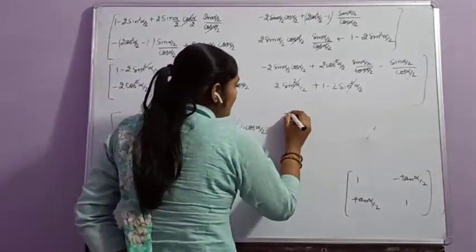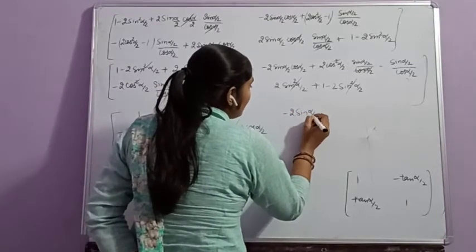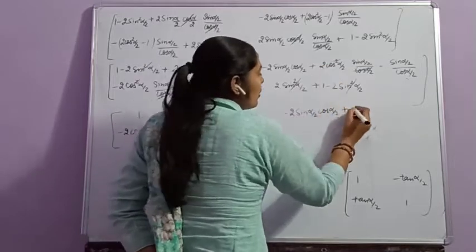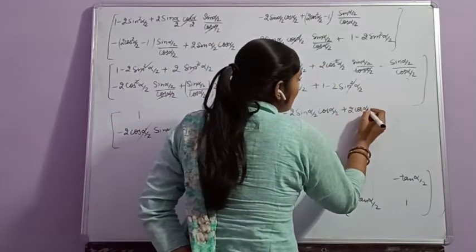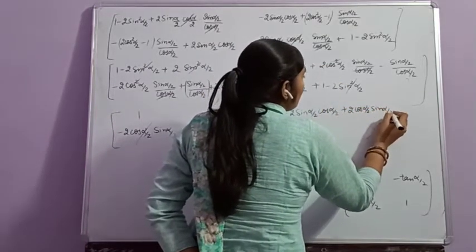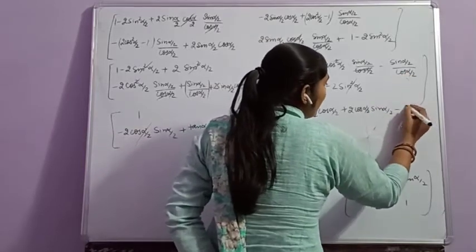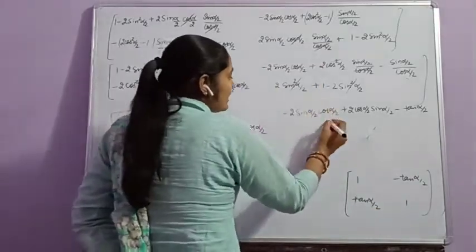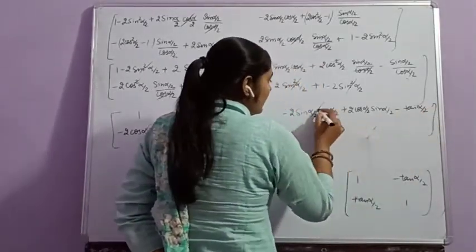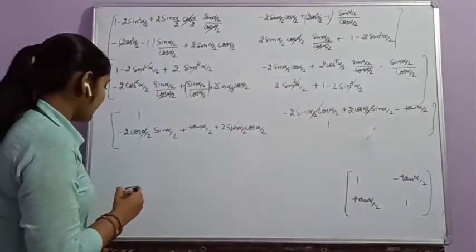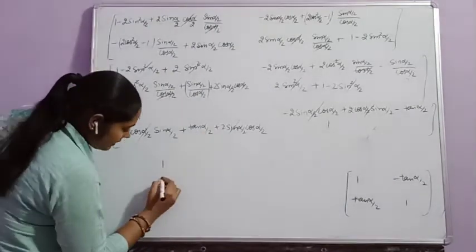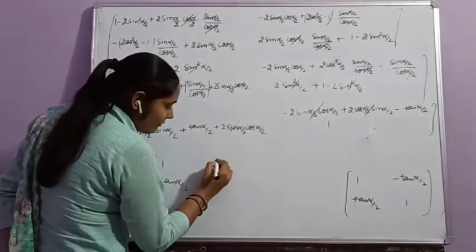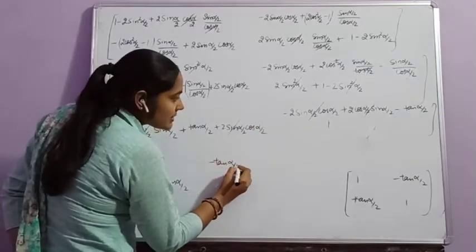Similarly, 2 sin alpha by 2 cos alpha by 2 plus 2 cos alpha by 2 sin alpha by 2 minus sin alpha by 2 divided by cos alpha by 2 can be written as tangent alpha by 2, that is equal to 1. That will be cancelled out, so we can write down 1 here plus tangent alpha by 2, next is minus tangent alpha by 2, and next is 1.